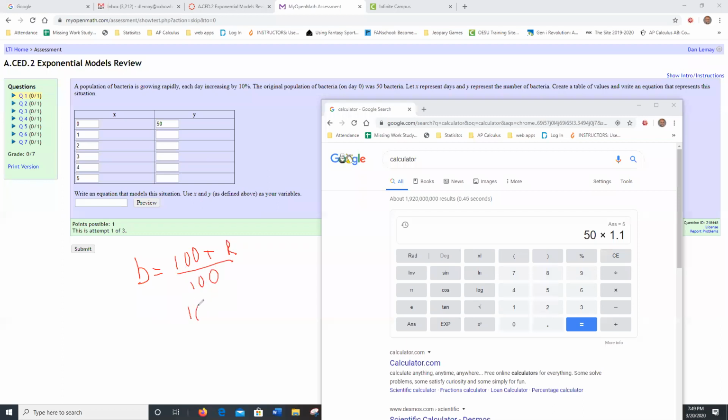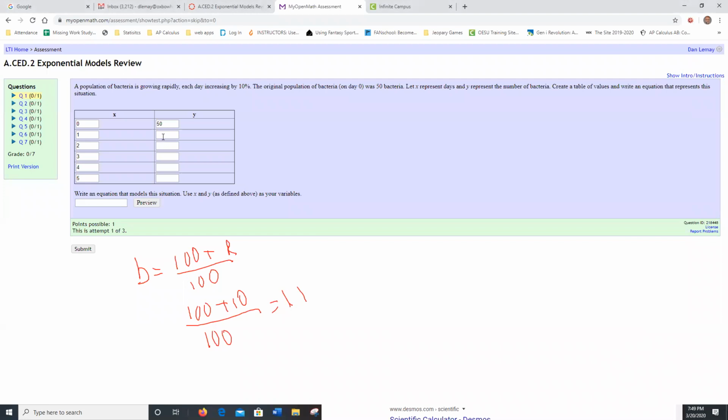In this case, it'll be 100 plus 10, divided by 100, which is 1.1. So if we multiply our last value by 1.1, that tells me the next number. This next number is 55, which is the 5 we gained plus the 50 that we had.